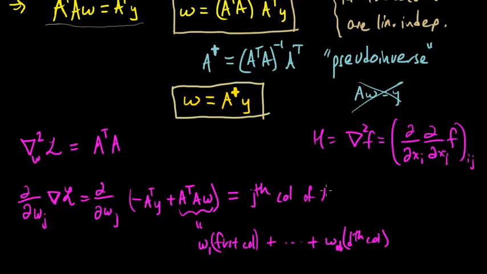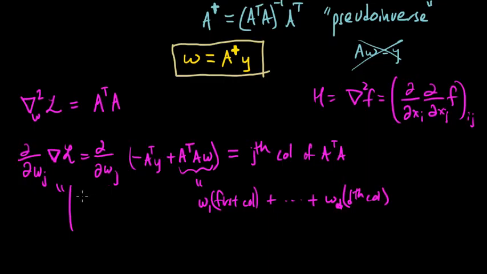This is the jth column of A transpose A, and it's just the jth column because, by the definition of the gradient, it is the column vector. So this is partial with respect to Wj, partial with respect to W1, and so on.